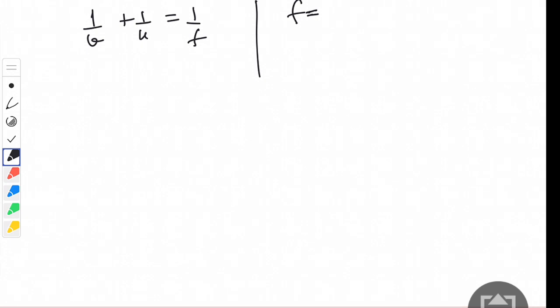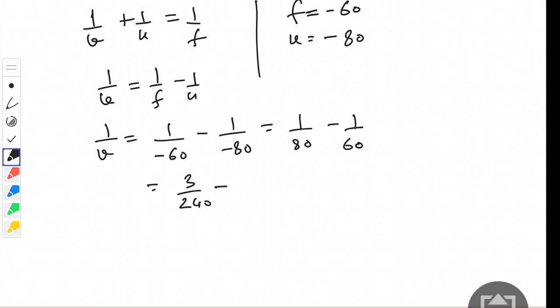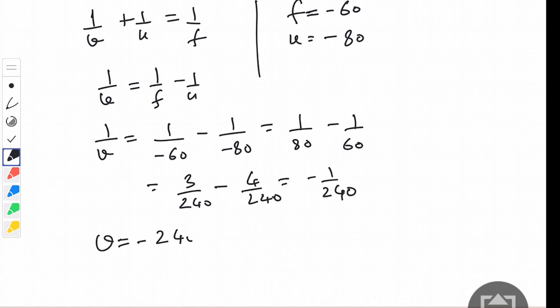And LCM is going to be how much? 240. So it will be 3 upon 240 minus 4 upon 240, which is equal to minus 1 upon 240. So V is equal to minus 240 centimeters.